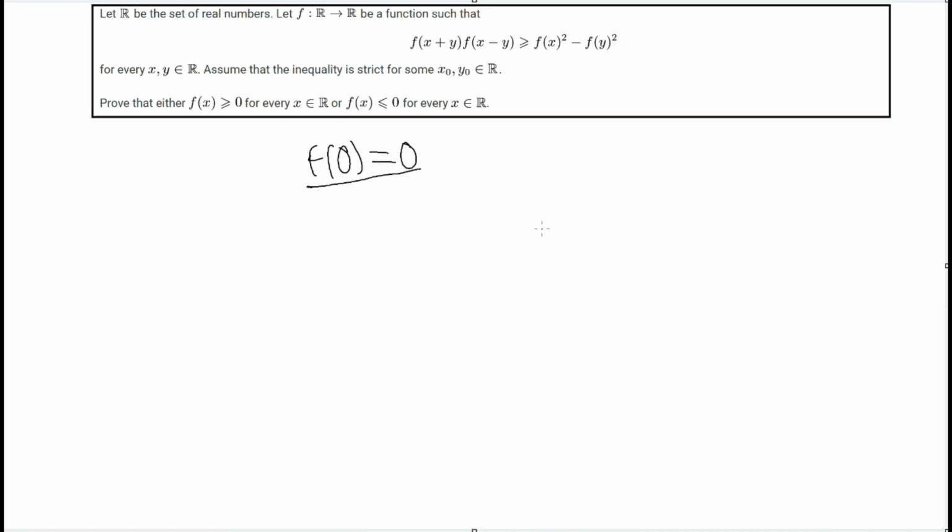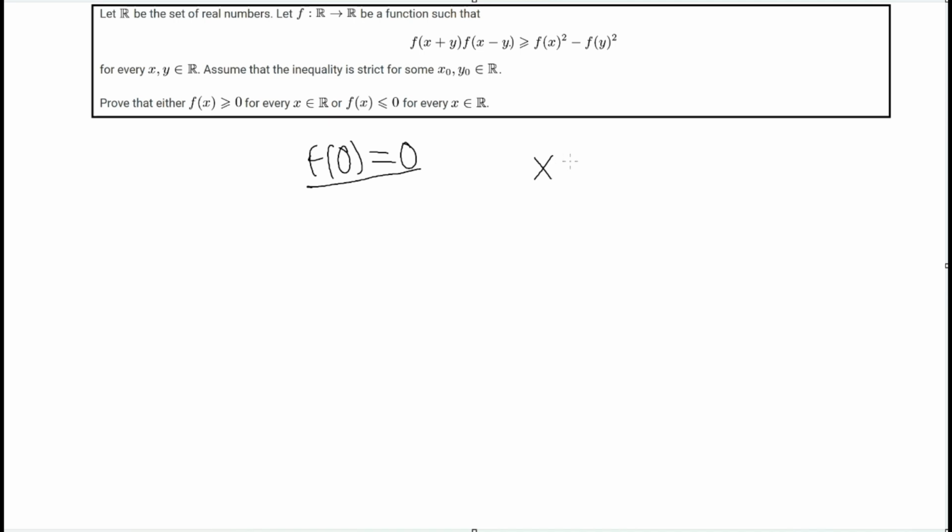So now that we know that f of 0 equals 0, we want to somehow use this and make one of these sides equal to 0. Well, let's consider the left-hand side. Because if one of these terms is equal to 0, then this entire left-hand side is 0. Let's try setting f of x minus y equals 0. Then we want x minus y equals 0, but we've already done that to get that f of 0 equals 0.